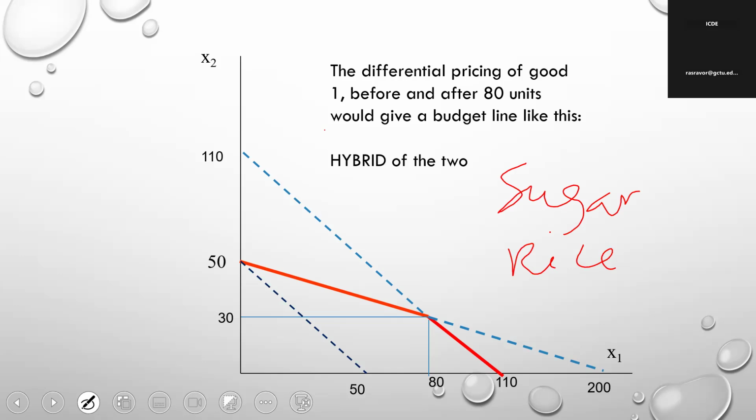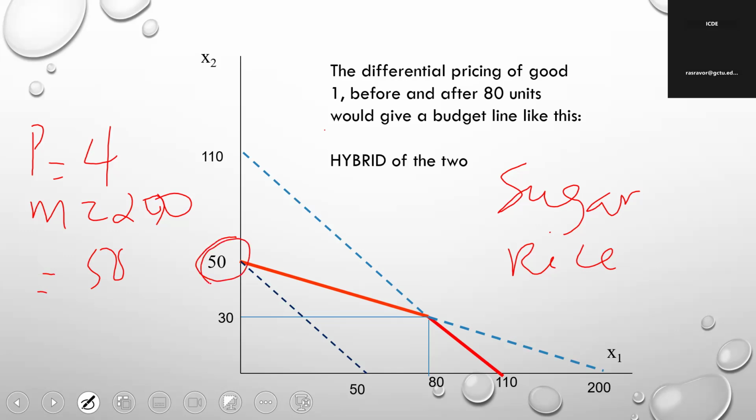There is abundance of sugar, so P was equal to 4. My income is equal to 200, so I could buy 50 of it. Government noticed that with sugar, there is no problem. So you can still buy 50 if you decide to use all your income to buy sugar. Maybe you have some rice there.